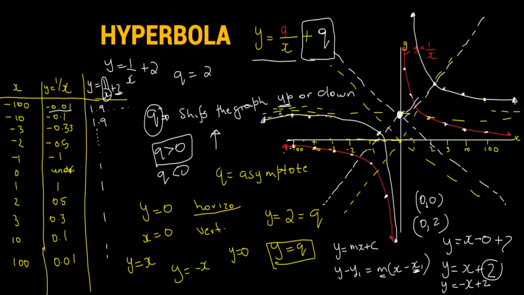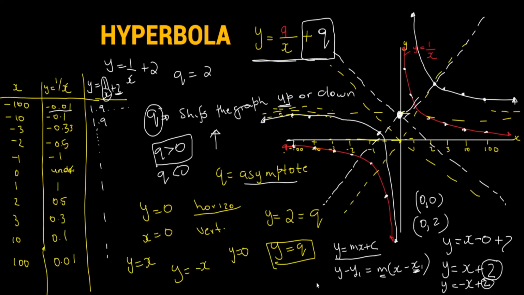You can see that this is q. Not only does q shift the graph up, now we know that q shifts the graph up, and it also influences your asymptote and also changes your axis of symmetry. So when given this equation, you should be able to detect what is happening.